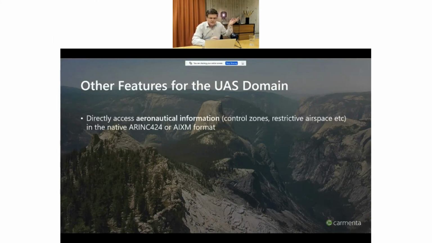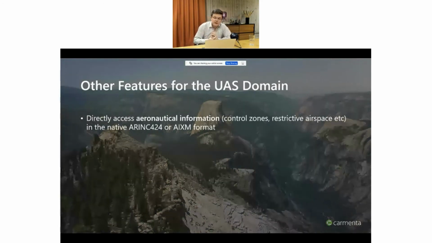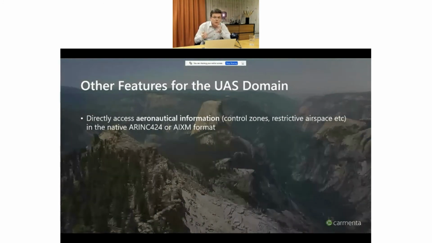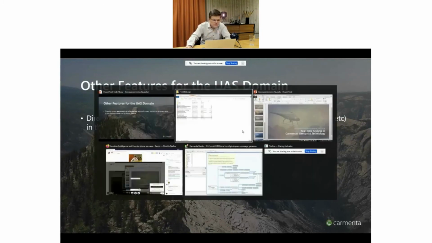For example, it's extremely easy to get aeronautical data into your system directly in the distribution format, be it ARINC 424 or AIXM, which are standard formats used by organizations such as FAA or Eurocontrol to distribute, for example, restrictive airspace and control zones.